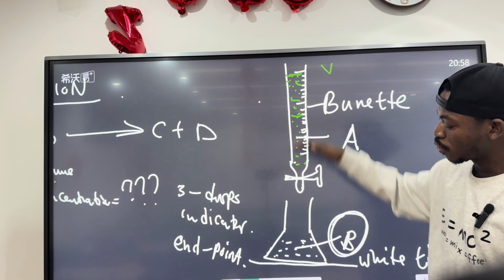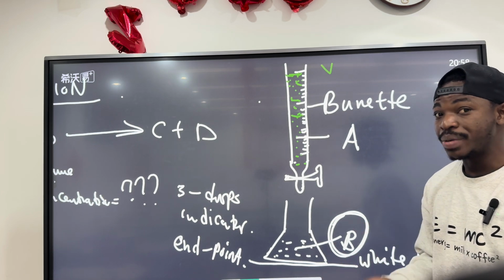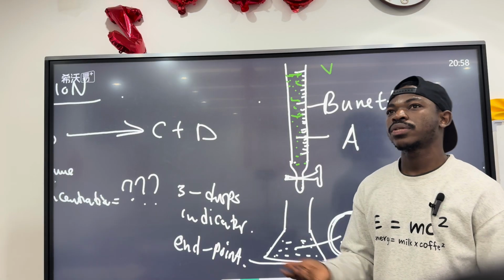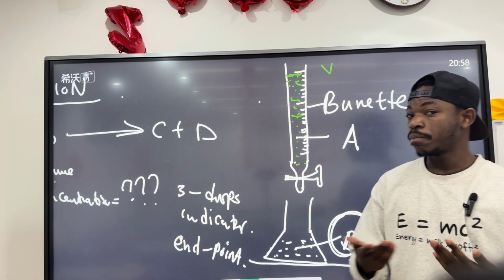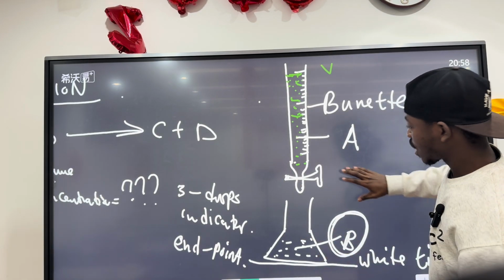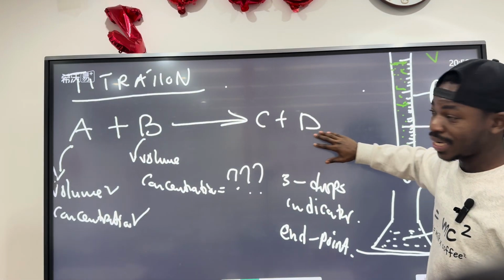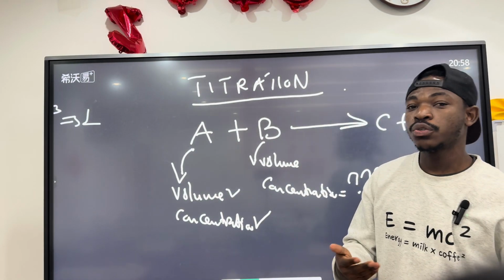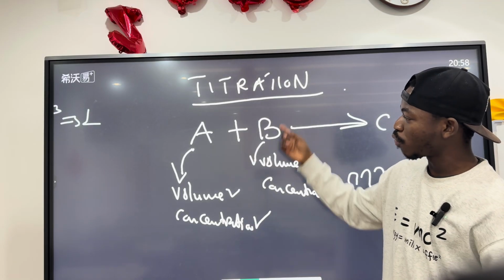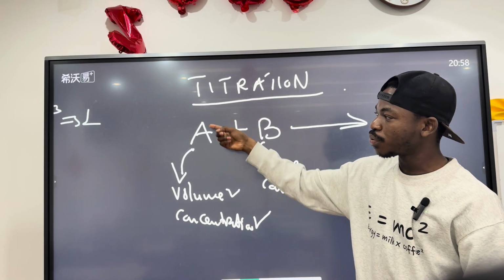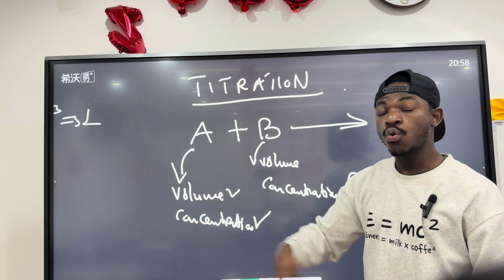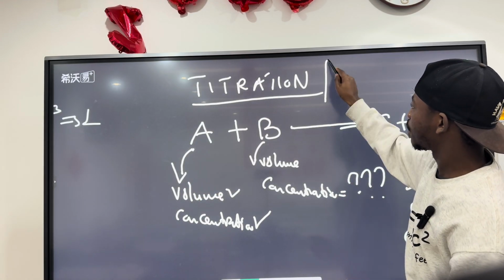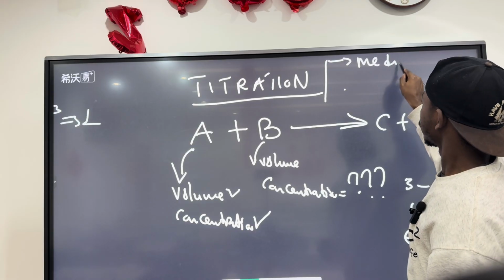It's very important that we determine the concentration of B, for various reasons depending on what substance B could be. So this is titration. Titration is simply a laboratory technique used to determine the concentration of one solution by reacting it with another solution whose concentration is already known.